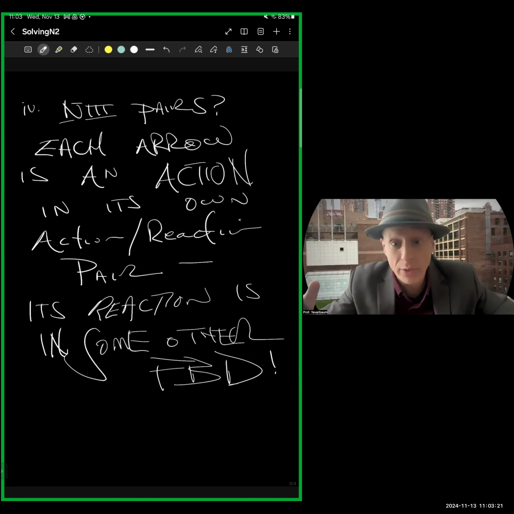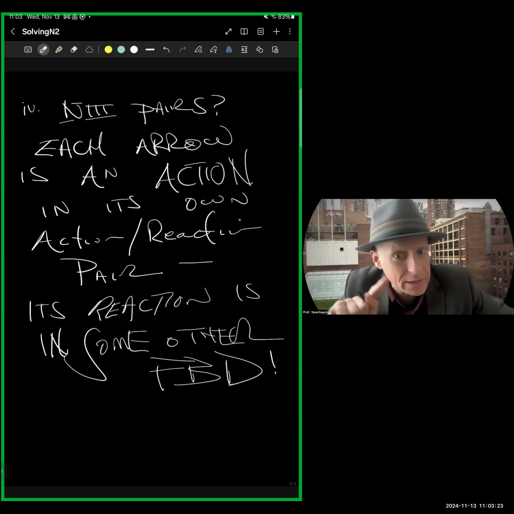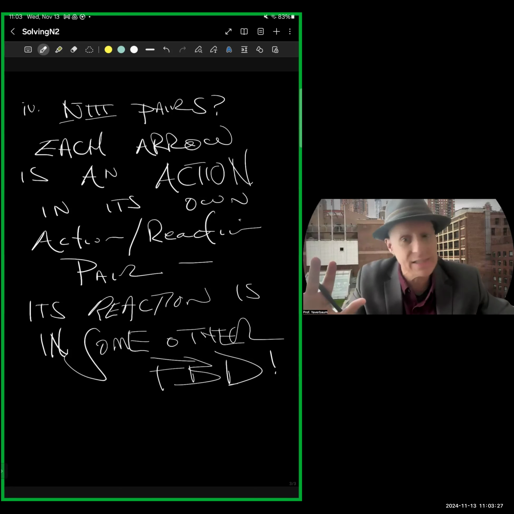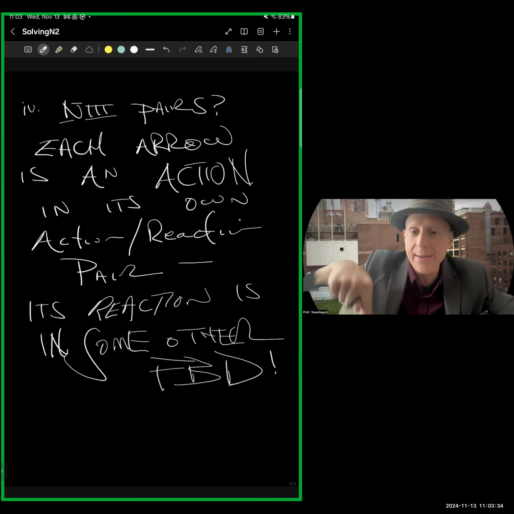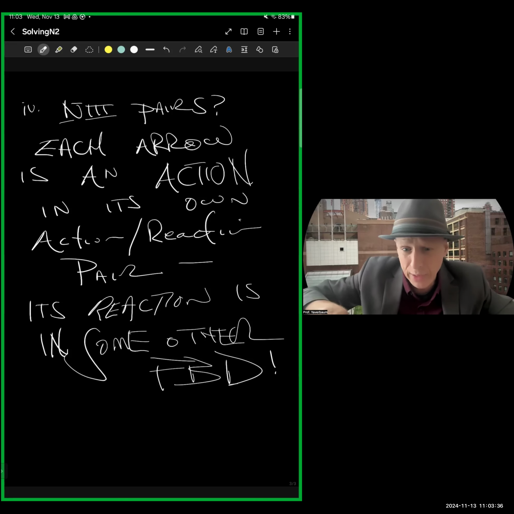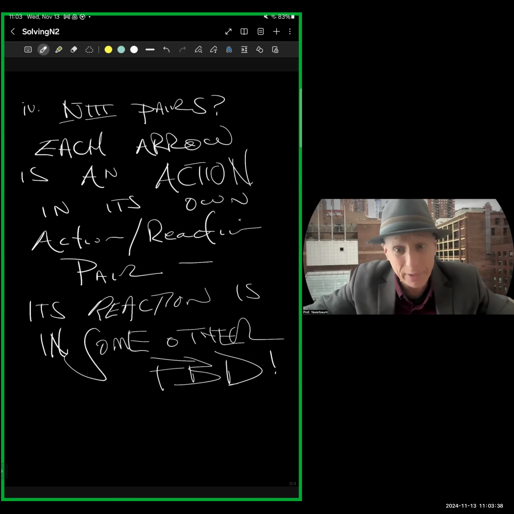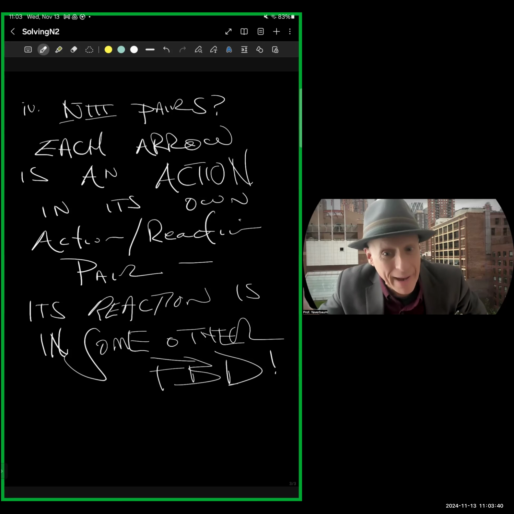In other words, you don't ever see the reactions in a given diagram. No diagram contains action and reaction pairs. The whole idea of action and reaction is that force is a mutual, symmetric interaction between two objects. In other words, where you see the pairs is in your original system schema.